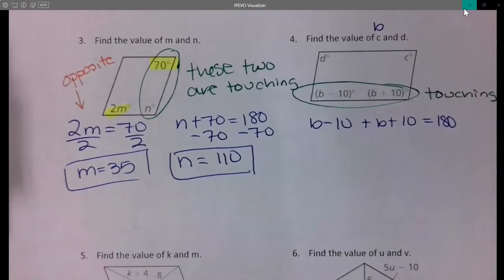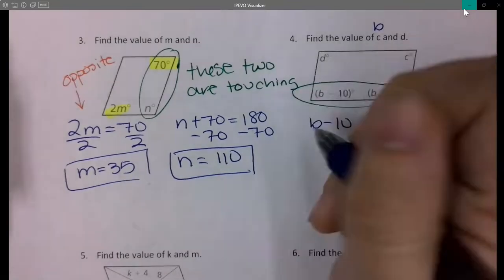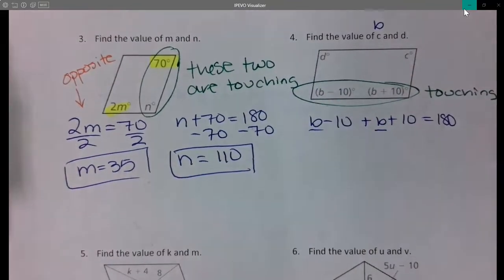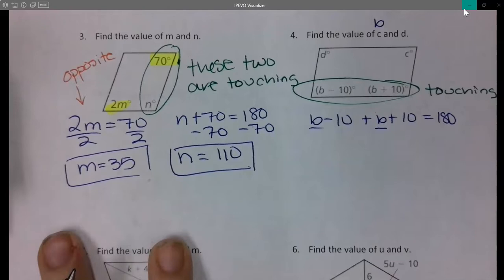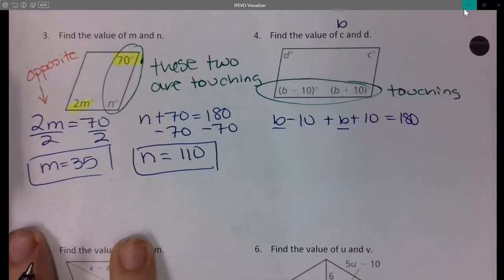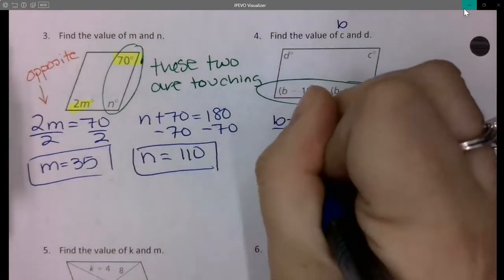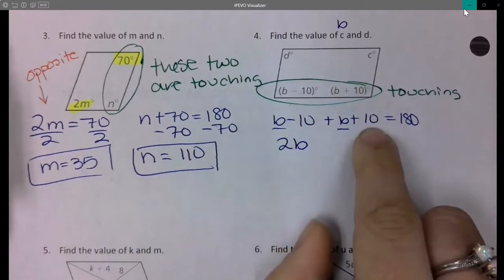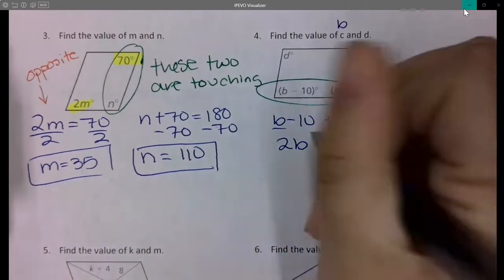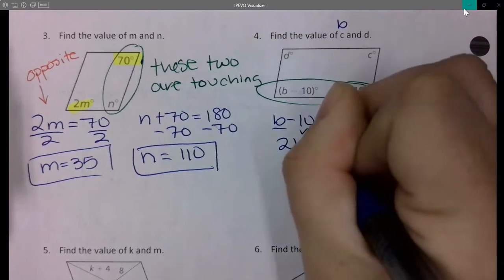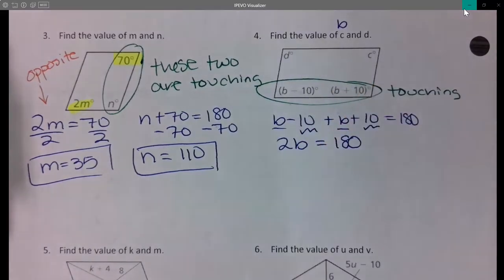So then I want to combine like terms. I have two b's, and then I have negative 10 and positive 10, which will cancel out. So I have 2b equals 180.